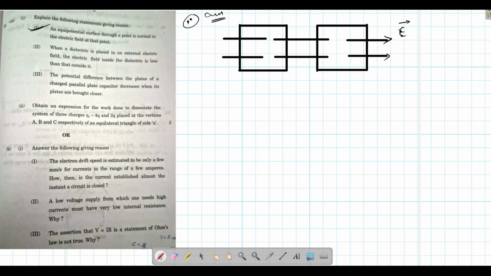So electric fields are normal to the equipotential surface because the work done required to move the charge over the equipotential surface is 0.